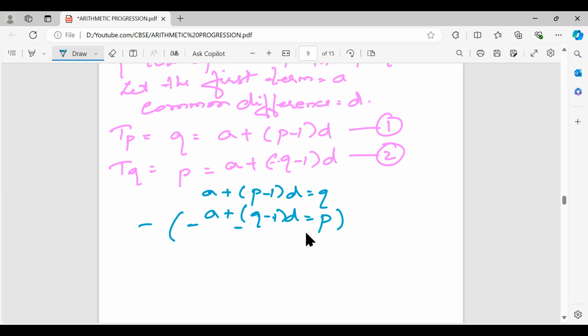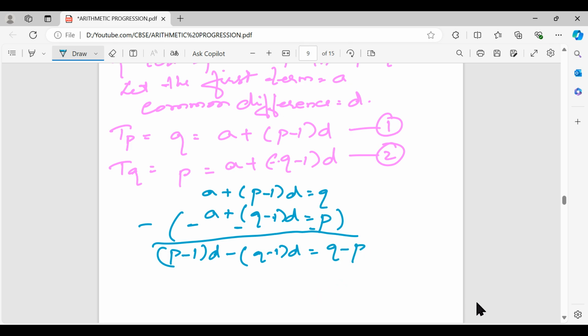A and A get cancelled. So you will have (P minus 1) D minus (Q minus 1) D equals Q minus P, right?